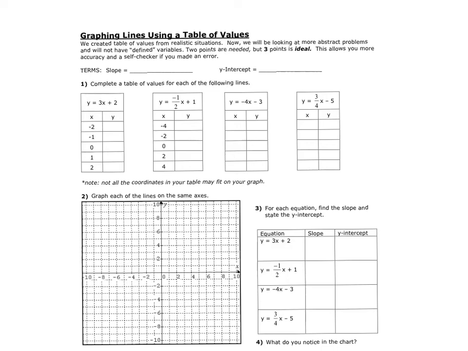This lesson is to graph lines using table of values. So let's just quickly review the two terms. The terms are slope and y-intercept. As we know, slope is equal to rise over run, and y-intercept is a point where the line crosses the y-axis.